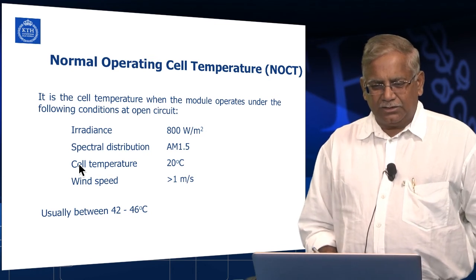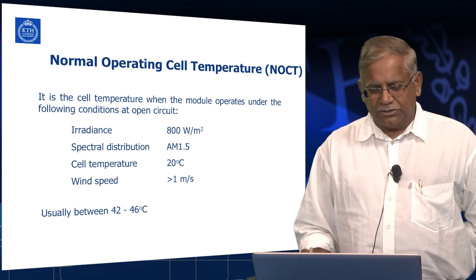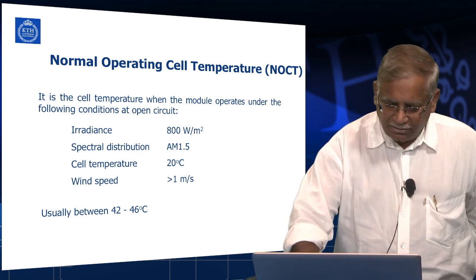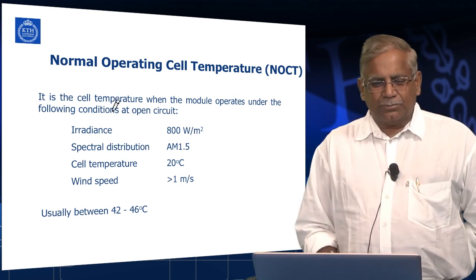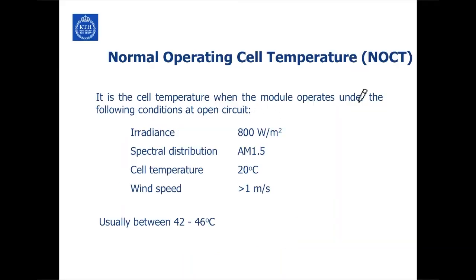And typically there is another quantity which they give in the spec sheet, called the normal operating cell temperature. So it is the cell temperature when the module is operating under the following conditions at open circuit. These are the standard conditions under which they are tested.